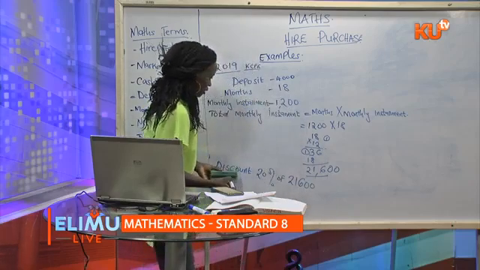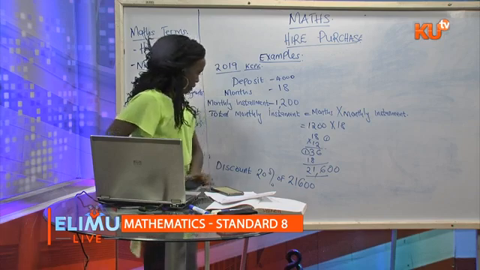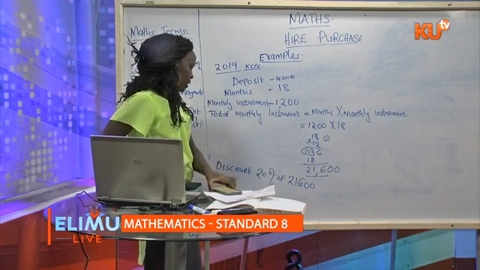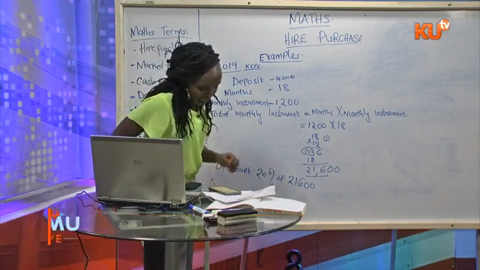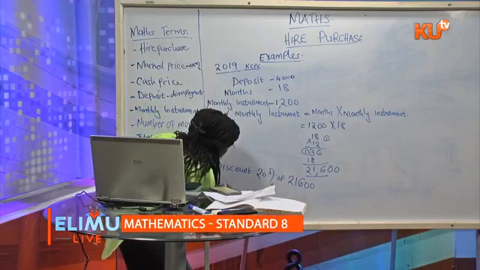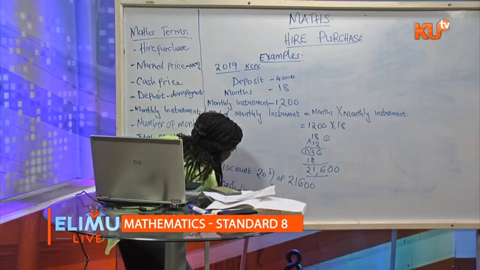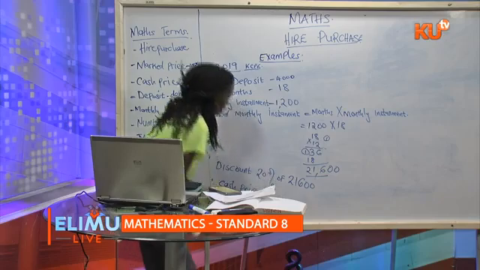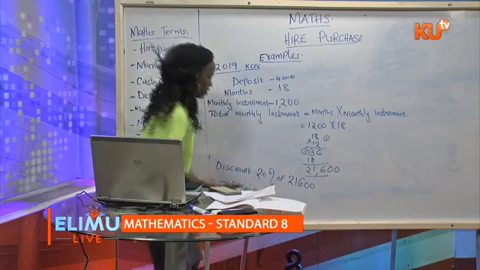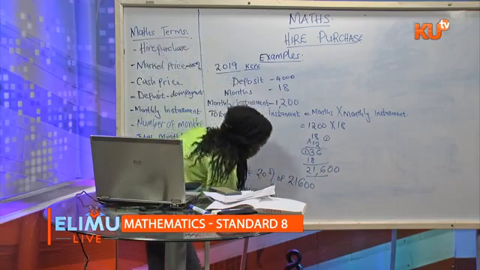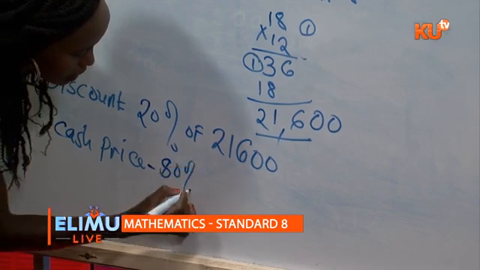So we calculate the discount that was given. If this person was given a discount of 20%, it means that the cash price was below 100, meaning it's 100 minus 20, we get 80%.